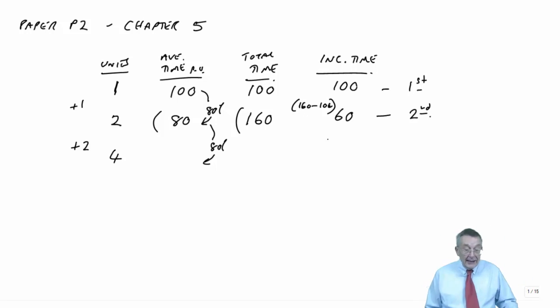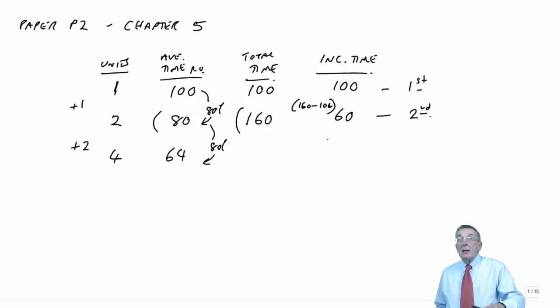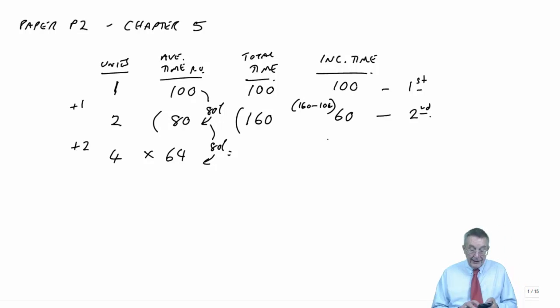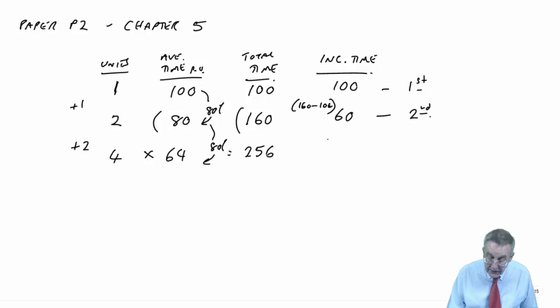Well, 80% of 80 is 64. And remember, that's not the time for any one unit. That's the average time per unit if we make 4. So the total time will be 4 times 64. 4 times 64 is 256 hours.